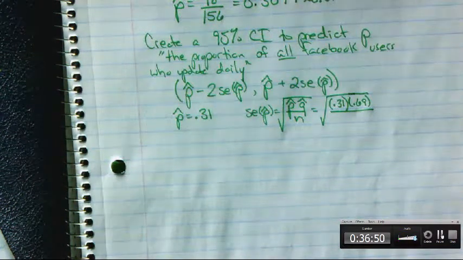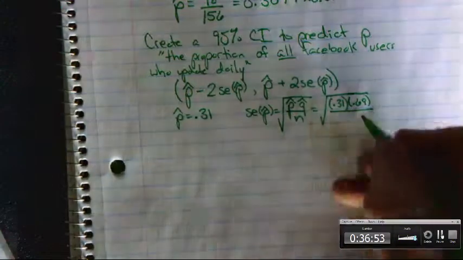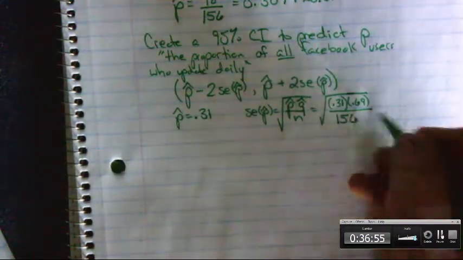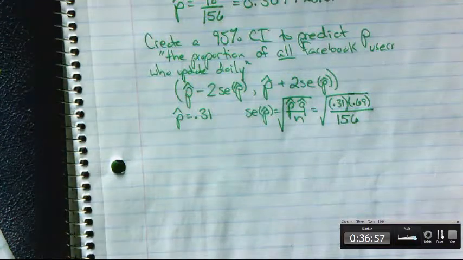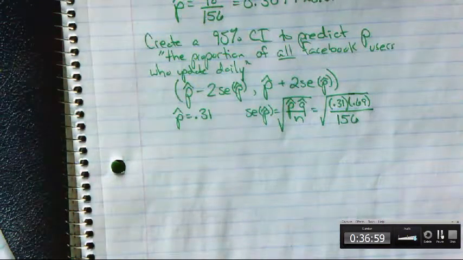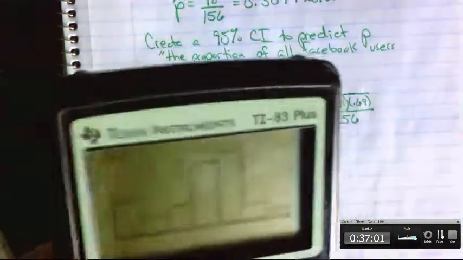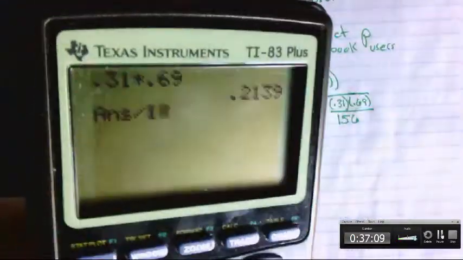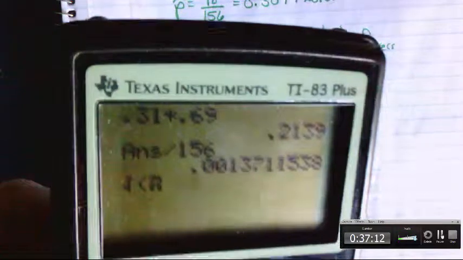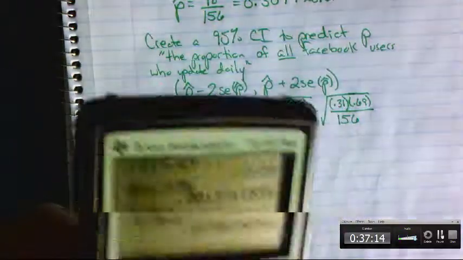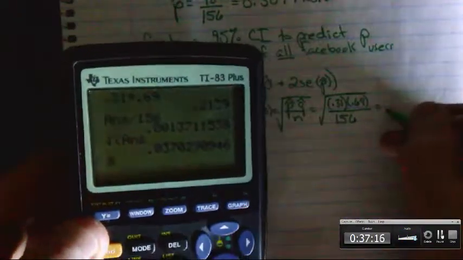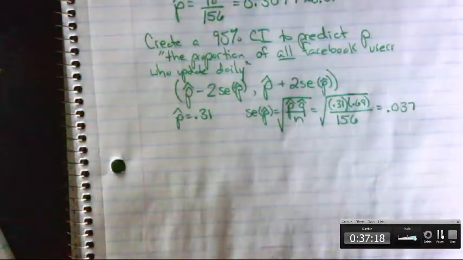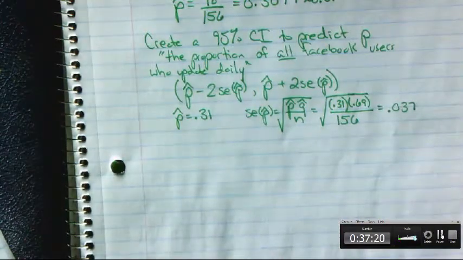Over n, our sample size, 156. 0.31 times 0.69 divided by 156, square rooted, gives us 0.037.